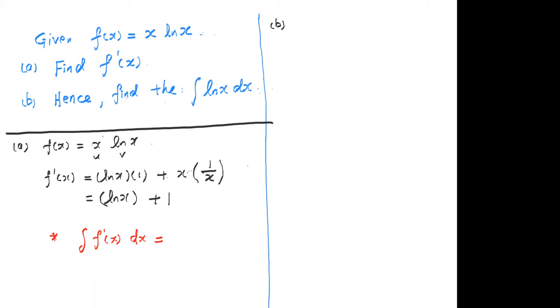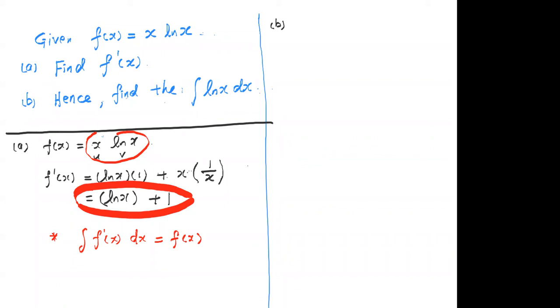I get back my f(x). So you see, this is your f(x) and this is your f prime x. See or not? So for part B, I will write down this first straight away. My f prime x is ln x plus 1 dx.